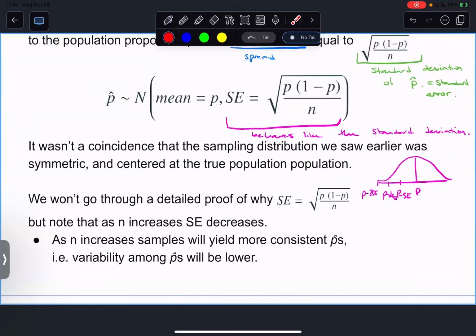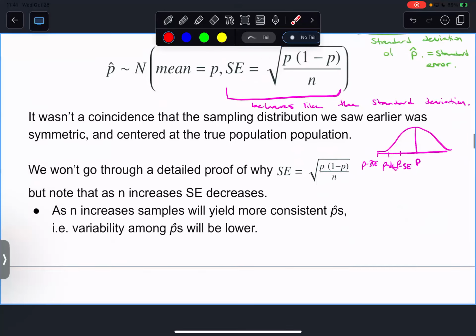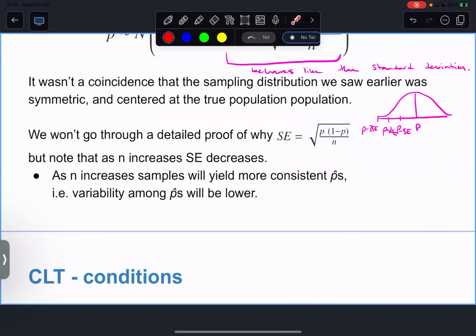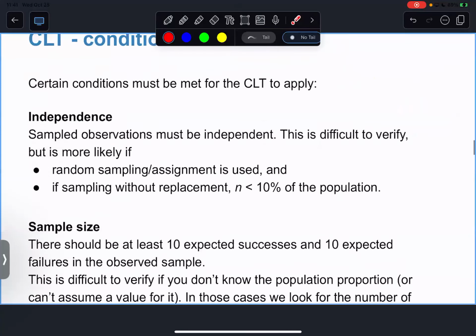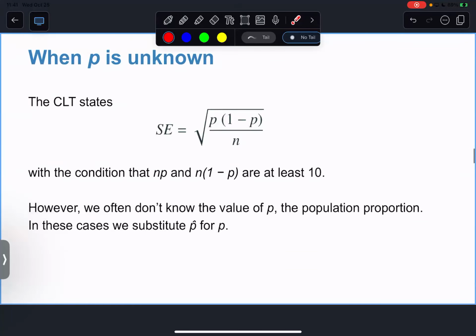Okay. One of the problems though is, well, we just said I don't know what p is. We're trying to guess what it is, right? So that's one of the problems that we have. But luckily, I have something to step in, right? I have my sample proportion. That's my best guess. I'll scroll back up, but I don't want to write it because that slide is getting very cramped here.